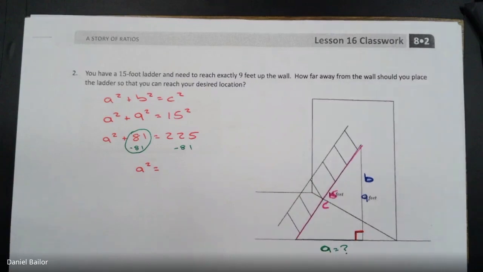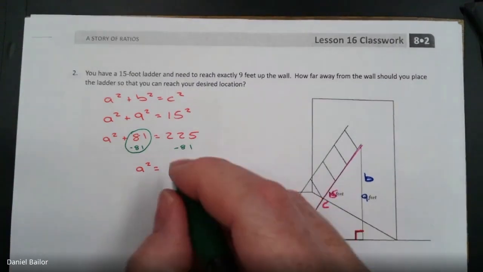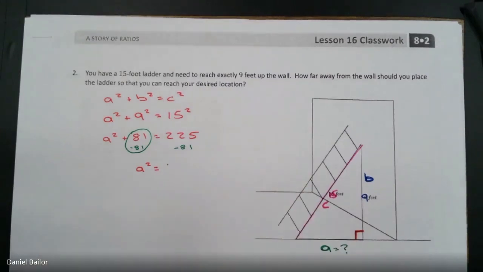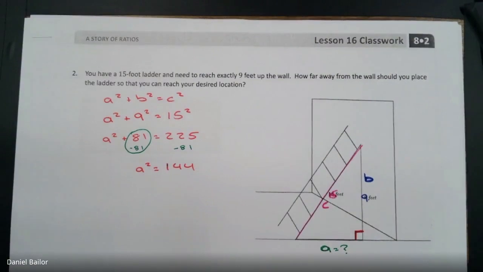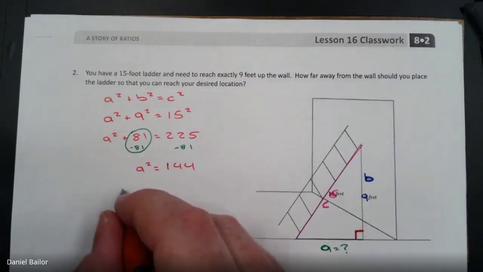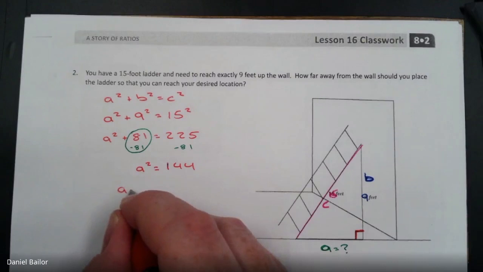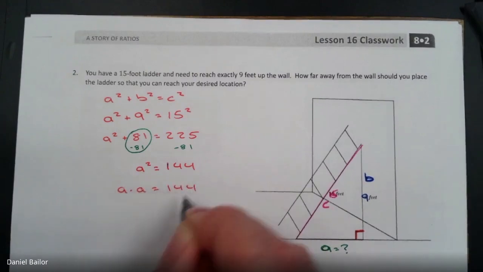So I need to do 225 minus 81, which is 144. 225 minus 81 is 144, which is a perfect square. So we know a squared means a times a equals 144.